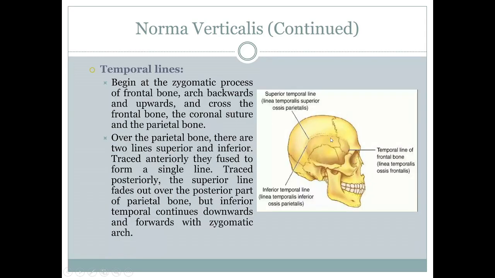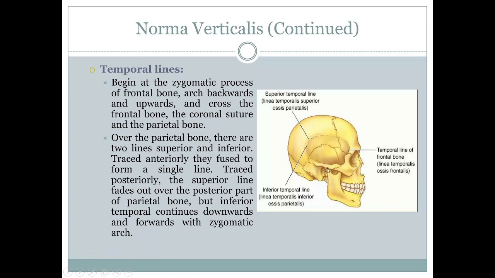The temporal line. This is the temporal line, beginning at the zygomatic process of the frontal bone, arching backward and upward and crossing the frontal bone, the coronal suture, and then the parietal bone.